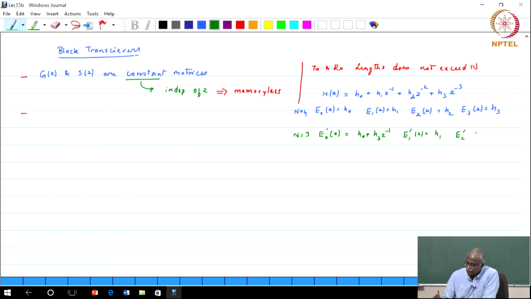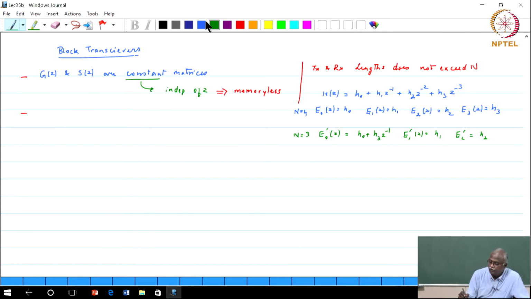E2'(z) is equal to H2. Notice that this simple illustration shows that if you had N equal to 4, this particular channel would have given you constant matrices, this particular polyphase decomposition, otherwise you will get this. So, this is what we mean.